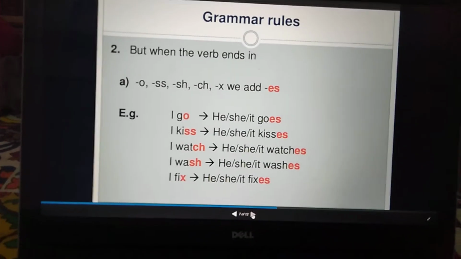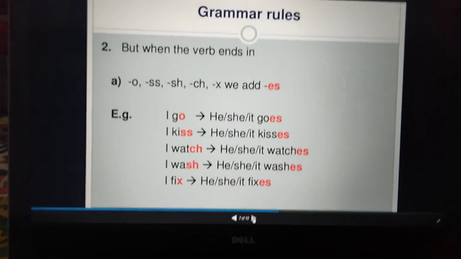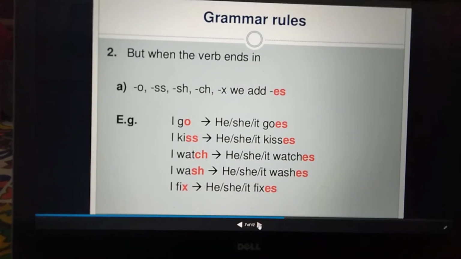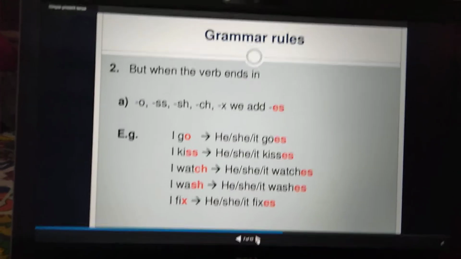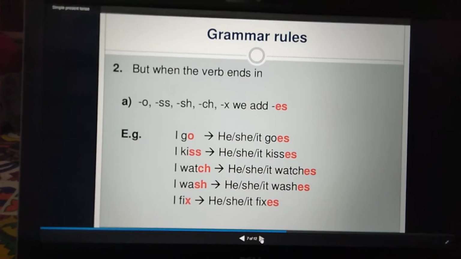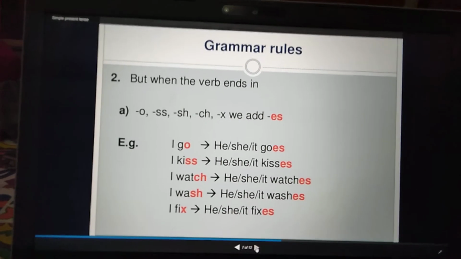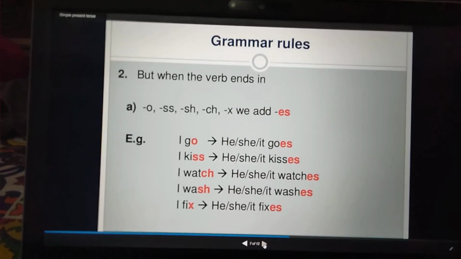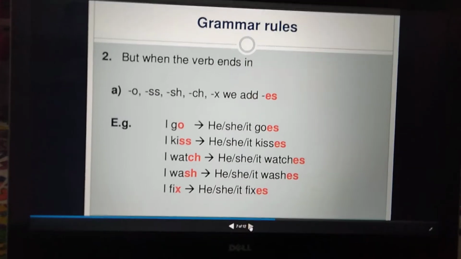So that is just to make you understand that the verb basically depends upon the subject of the sentence. If the subject is the first person pronoun, even if it is singular, you are not going to put s or es with the verb. But if the subject is a third person pronoun and it's singular, then you are going to put s or es with the verb. Clear, bache?